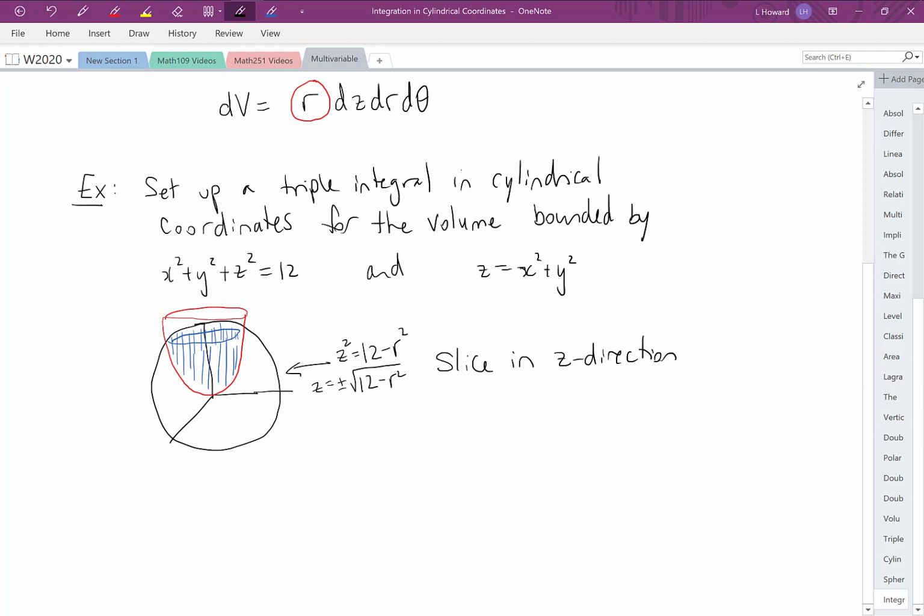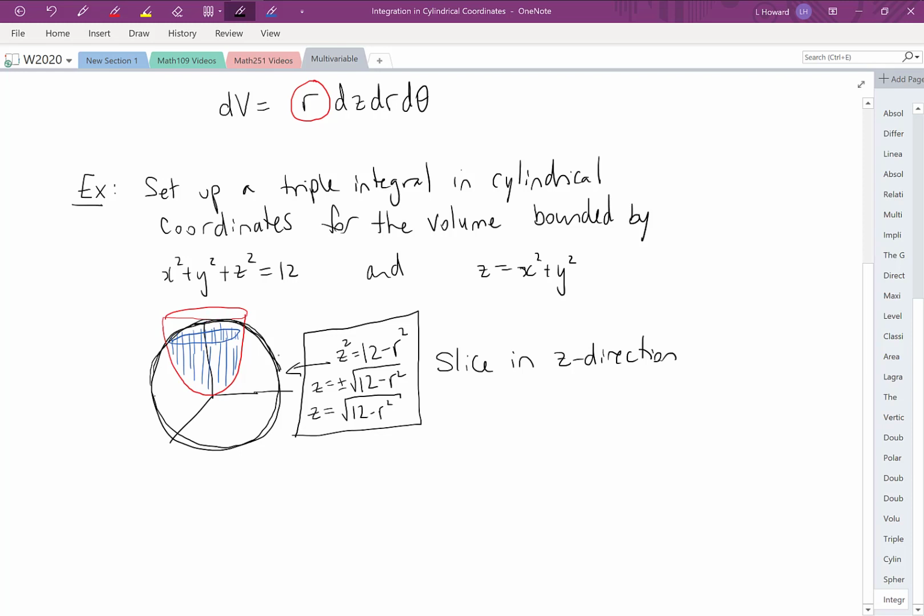If you want something on the upper hemisphere, then you're using the positive root. And if you want the lower hemisphere, then you're using z equals minus root. So in our case, we're going to be using z equals positive root 12 minus r squared. Okay, so that's the equation in cylindrical for our upper hemisphere.